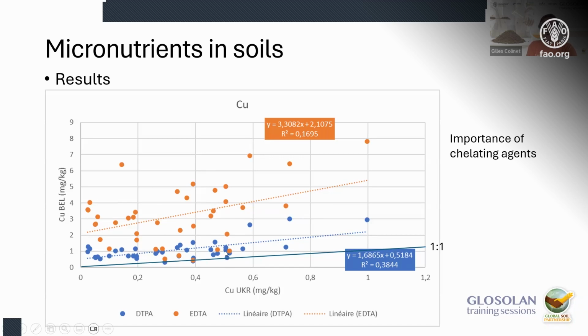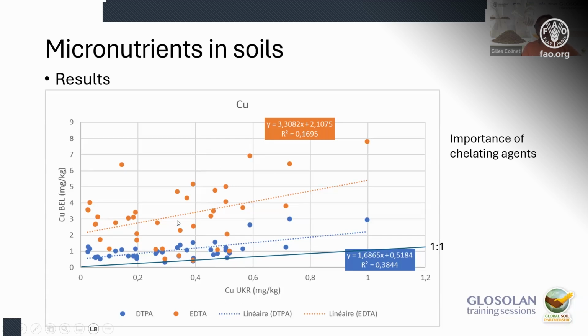We see that with the DTPA, we are extracting more copper than what has been extracted by the Ukrainian methods, which is only ammonium acetate and has no DTPA. We know that elements like copper have a relatively high affinity with some chelates, so it's probably the chelating agent that has taken this copper more than in the Ukrainian method.